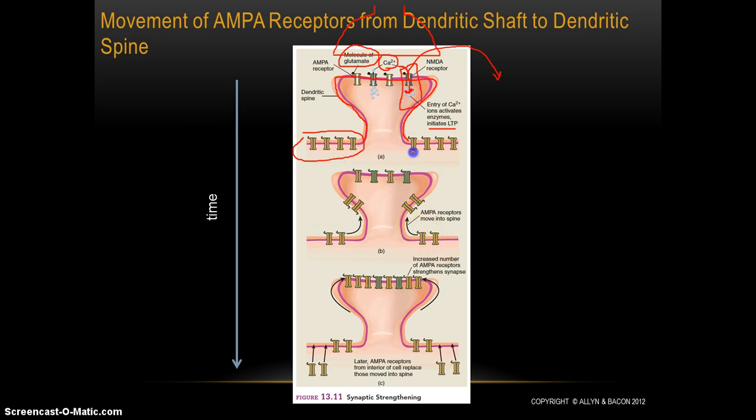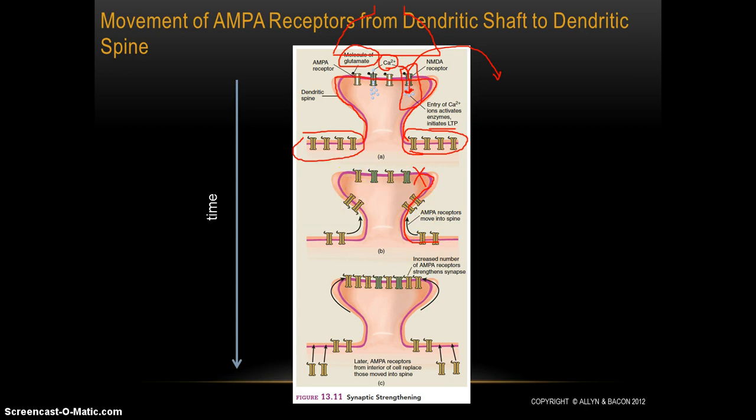The entry of these calcium ions activates other molecules, which initiate long-term potentiation, through this process of triggering the movement of these AMPA receptors, which start out in the dendritic shaft. As a result of the influx of all of this calcium, these AMPA receptors will be triggered to migrate from out here to the synapse, right? So you're adding all of these new AMPA receptors into the synapse.